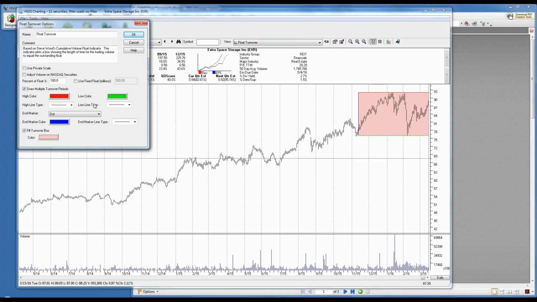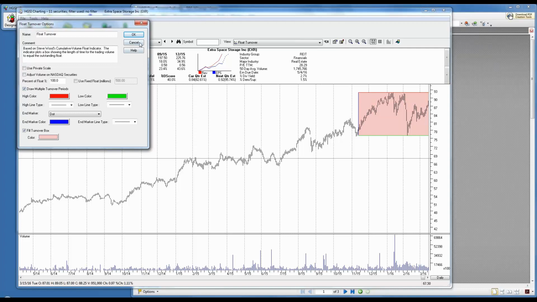The draw multiple turnover periods option. So this is one turnover. The volume down here adds together to be the float of the stock, which took this many days to trade through the entire volume.